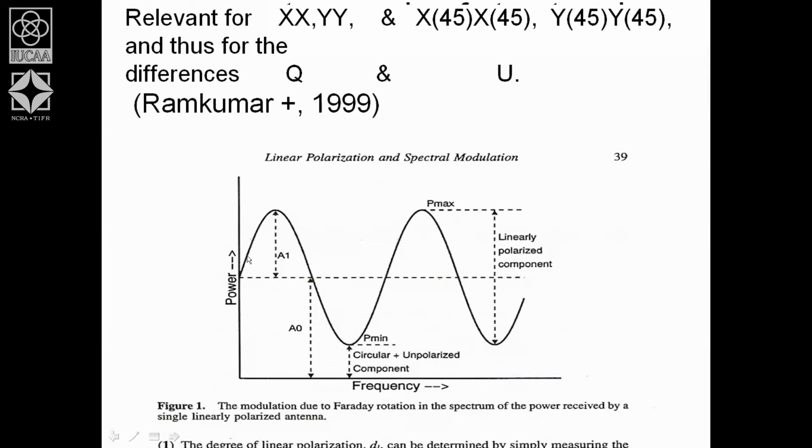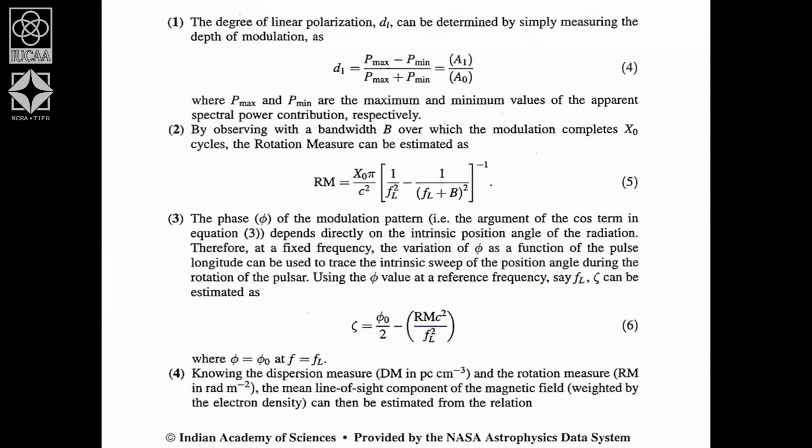And so, taking this point, I can always work backwards to see what the original position angle is. And so all that can be done as I have described here. You can get the degree of linear polarization, you can get the rotation measure, and you can even get the intrinsic position angle after seeing what you measure and how much it has deviated due to rotation.